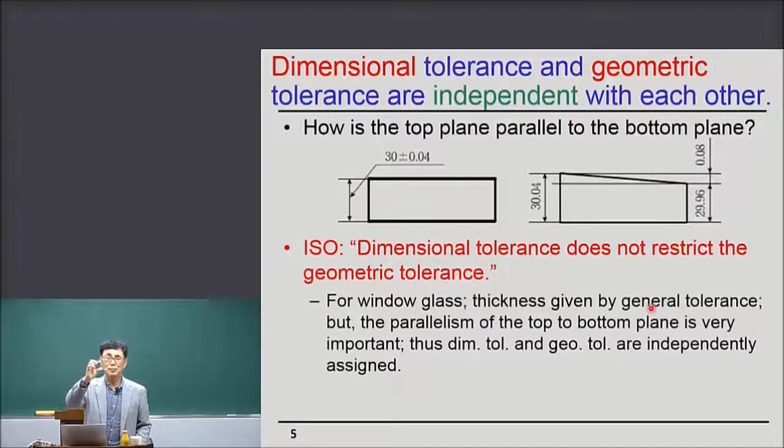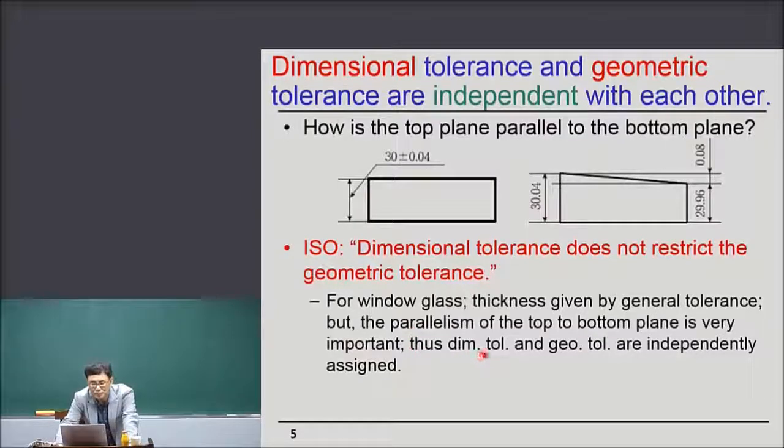It may vary, but it's not important. But the parallelism of the top to bottom plane is very important. If it is parallel, the thickness may vary according to the general tolerance, no problem. But parallelism is the key function of the window glass, so it has to be assigned a little tightly, right?